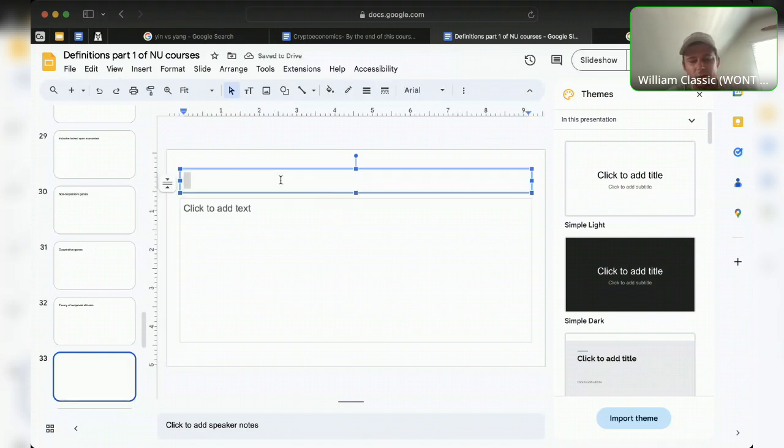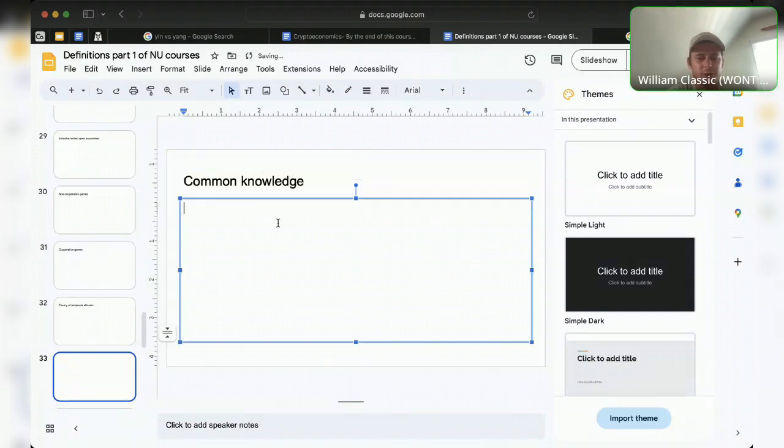Which brings us to another definition of common knowledge, which is the basis for cooperation in game theoretic models, or say in games. That makes more sense.